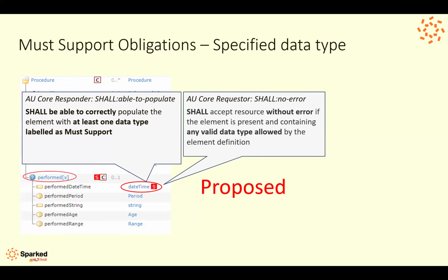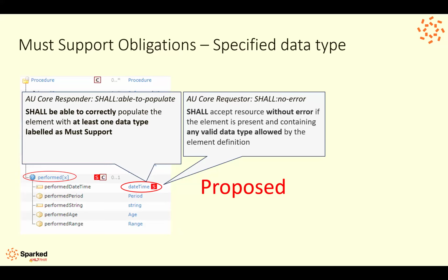So how do I choose one to send? And then it's a case of, well, guess what? The clients, the requesters, have to understand anything I send. So I'm not sure that this "shall be able to populate" thing has said anything to me, because I can send anything.